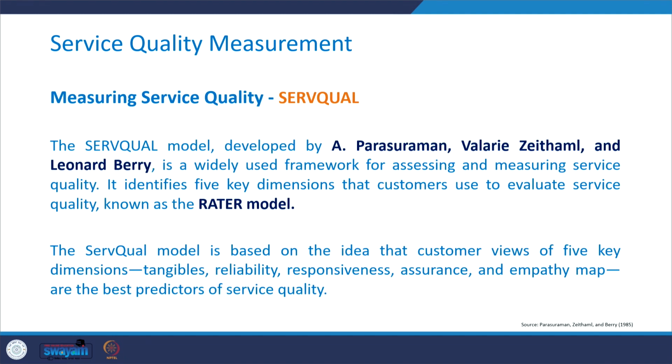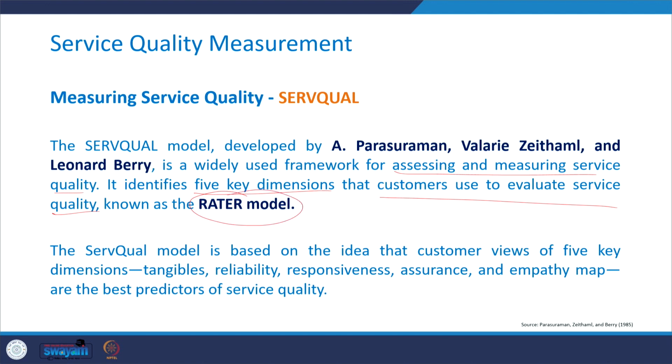So, with this gaps model in view, three authors, Parasuraman, Zeithaml, and Berry, came up with the Servqual model of service quality management. It is a widely used framework for assessing and measuring service quality. It identifies five key dimensions that customers use to evaluate service quality, known as the RATER model.